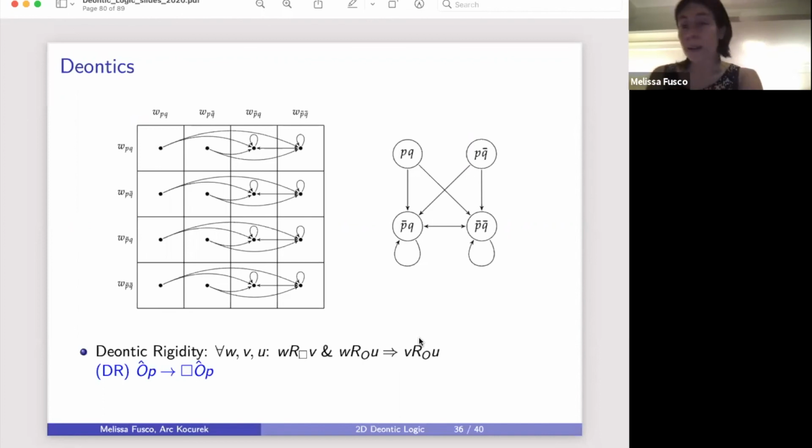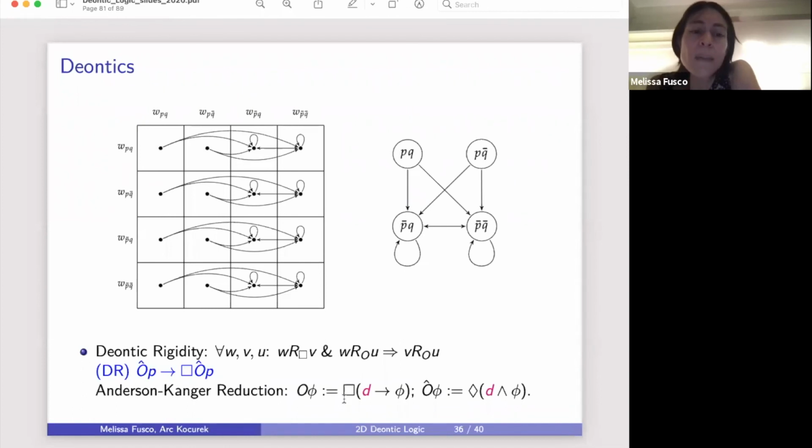So consider a principle of deontic rigidity. Deontic rigidity says that if something's permissible, then it's metaphysically necessary that it's permissible. This would enable something like what you get in standard deontic logic, the Anderson-Kanger reduction.